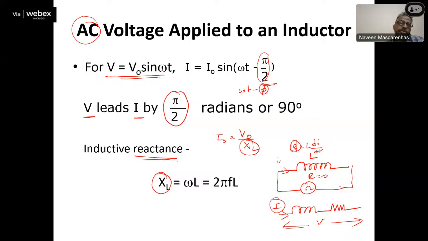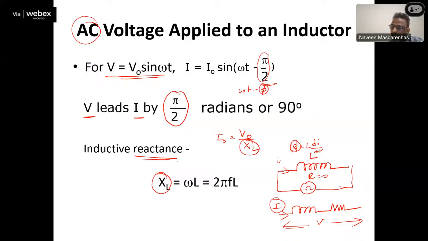Reactance in general is the opposition of the reactive circuit elements, either capacitor or coil, to the flow of alternating current. Resistance is the opposition offered by the resistor to the flow of current. So reactance is the opposition offered by the reactive element, which can be either a coil or a capacitor, to the flow of AC.